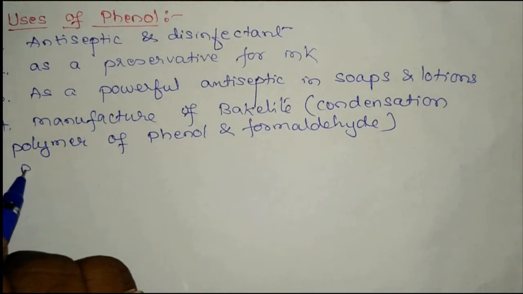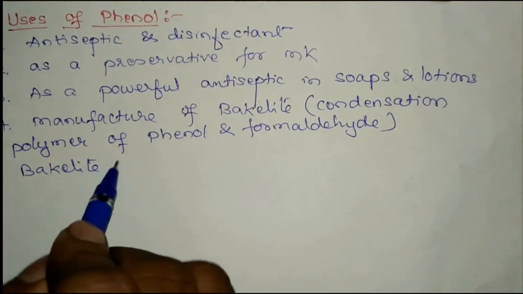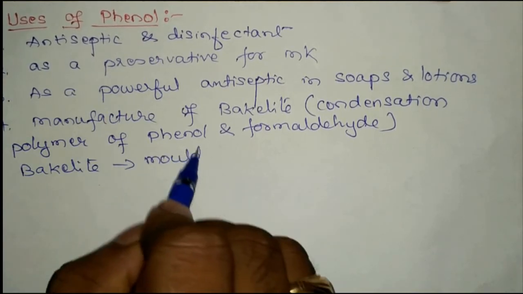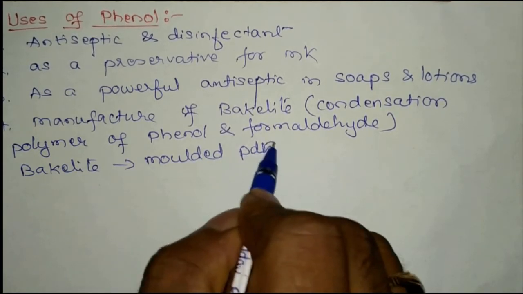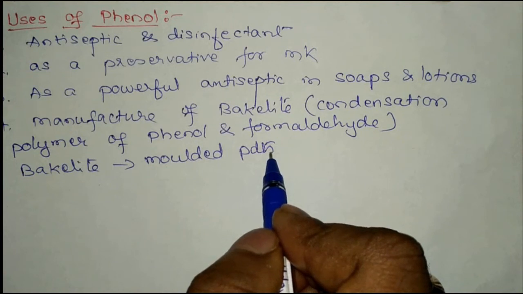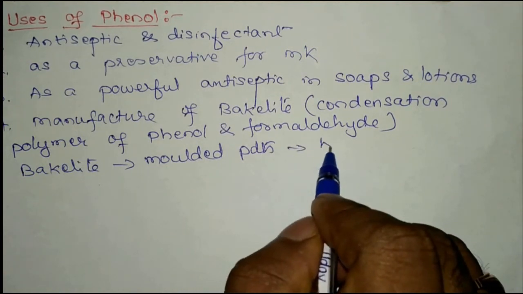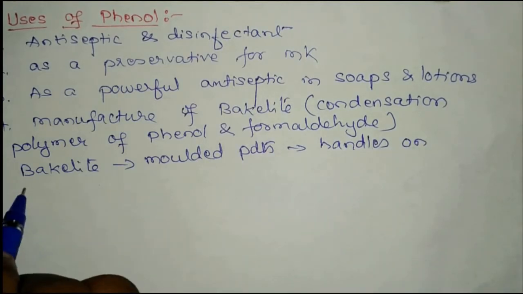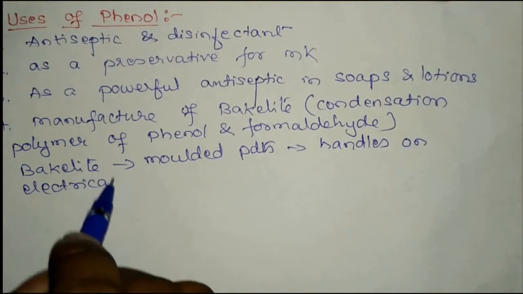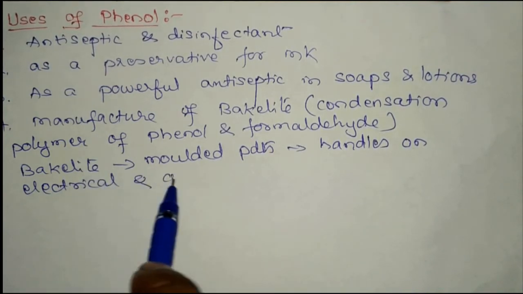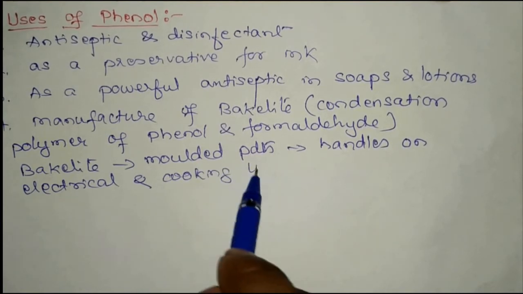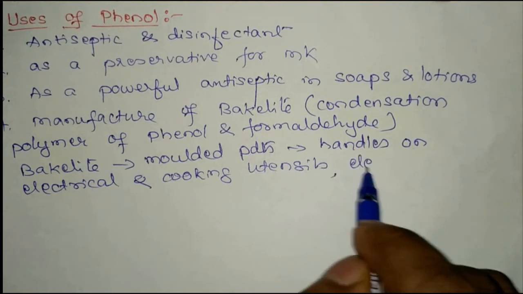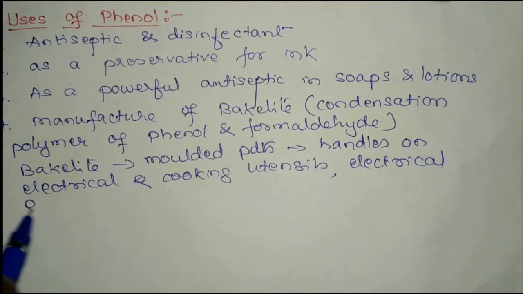Bakelite is used in making molded products such as handles on electrical and cooking utensils, and also electrical equipments.